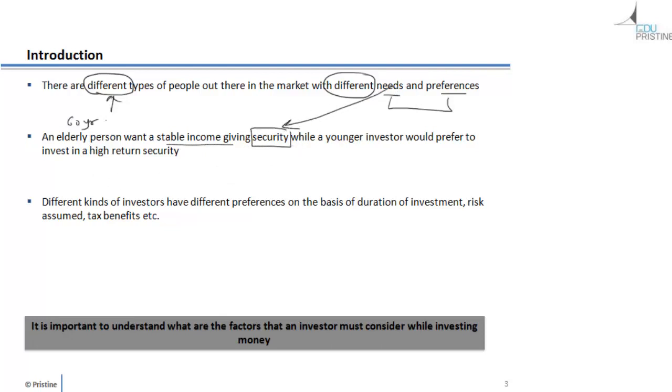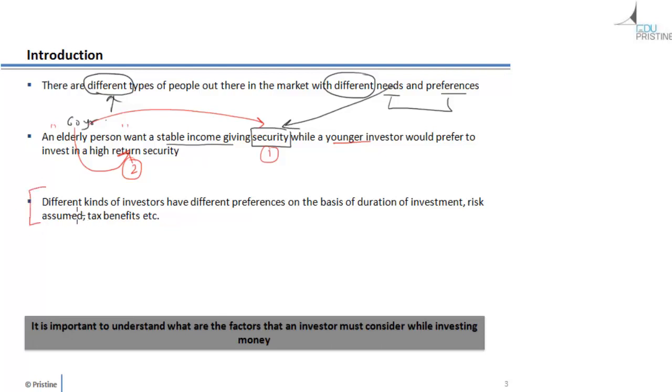So an elderly person is going to crave more for security than for return. So security and return are two broad needs of the investor, and on this slide we are just trying to highlight that a particular investor with a particular profile will have a peculiar combination of different needs, while a younger investor would prefer to have a very high return, even though it might bring a little bit of risk with it.